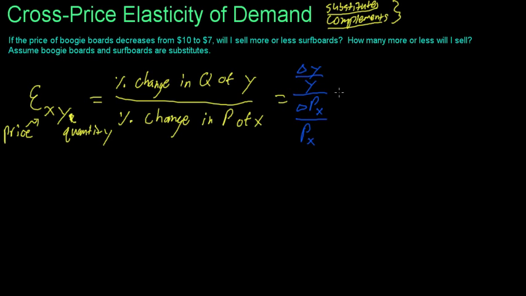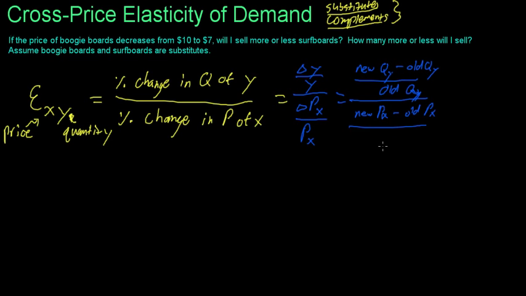Another way of writing this is the new quantity of y minus the old quantity of y over the old quantity of y, divided by the new price of x minus the old price of x over the old price of x.